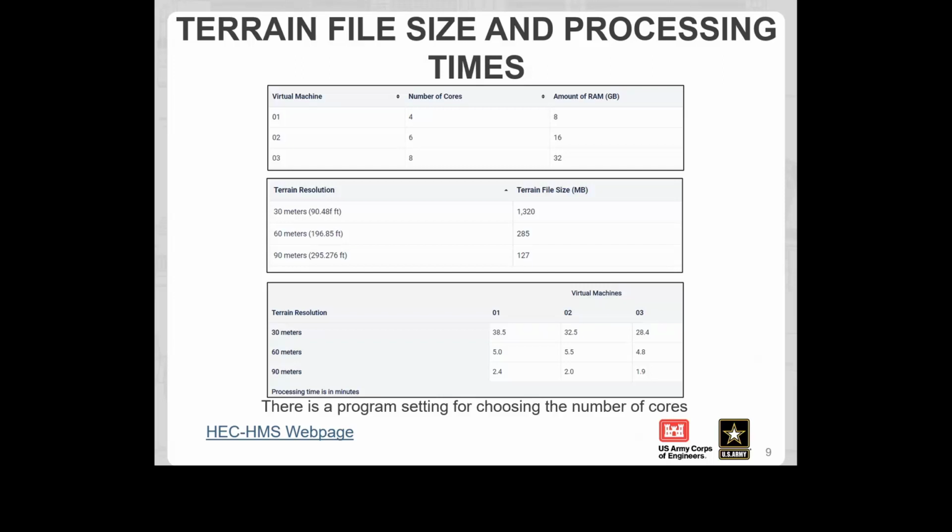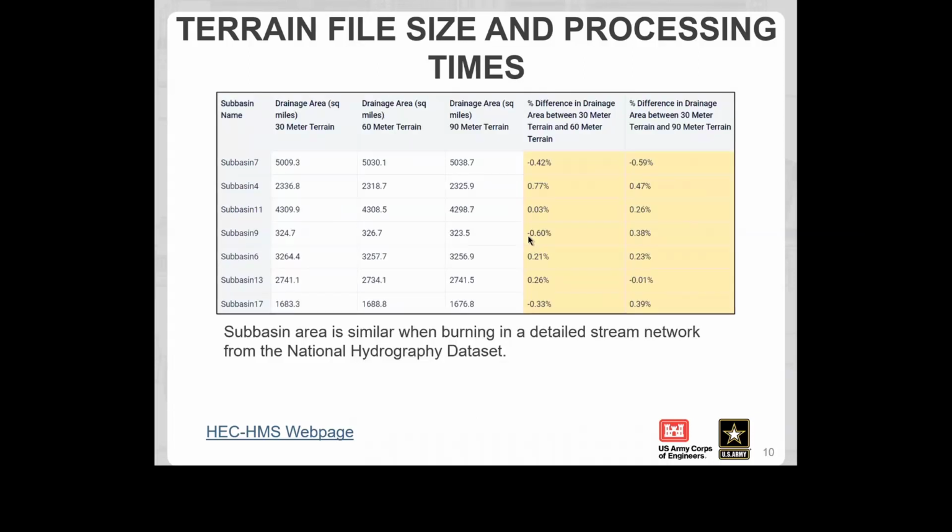HMS can chug through those for sure, but it's going to take a long time. And what I want to show in this example project is if you have different terrain grid cell sizes and you have different types of computers that are available to you, different number of cores, different amount of RAM, then what's your processing time going to look like with those different file sizes? And does it matter, right?